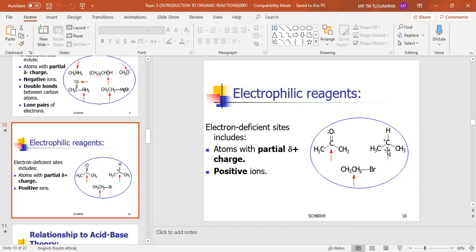So in this case, it will be what? It will undergo the electrophilic reagent. So do you all understand?